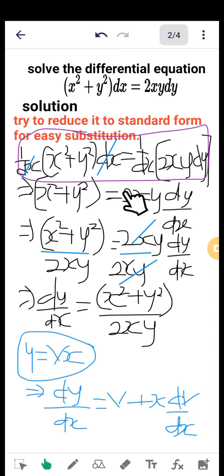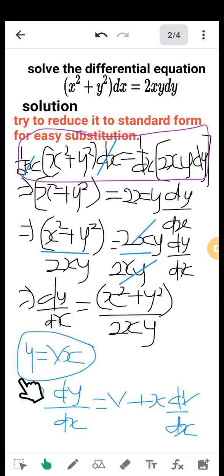So on the left hand side, the dx will cancel the dx, leaving x squared plus y squared, and on the right hand side we are going to get 2xy dy/dx. To put it in a standard form, we try to make dy/dx stand alone. So we divide both sides by 2xy, getting dy/dx equals (x squared plus y squared) all over 2xy.